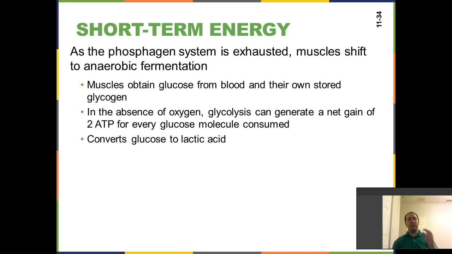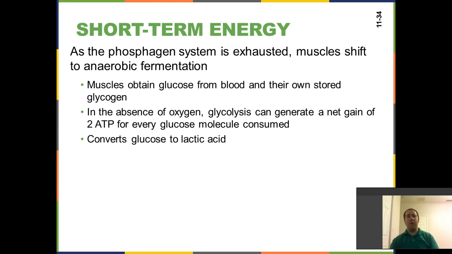And so the muscles are going to use glucose. Not only do they have glucose, and not only are they getting more glucose from the bloodstream, but muscles have some glycogen in them. And remember that glycogen was a storage form of glucose. We take a whole bunch of glucose molecules, we string them together, and we get glycogen. And so muscles can have glycogen in them.